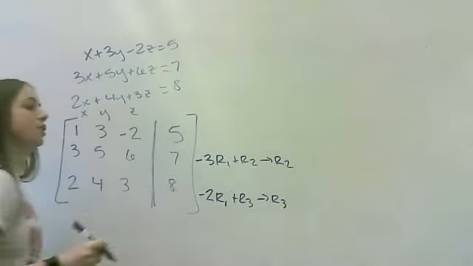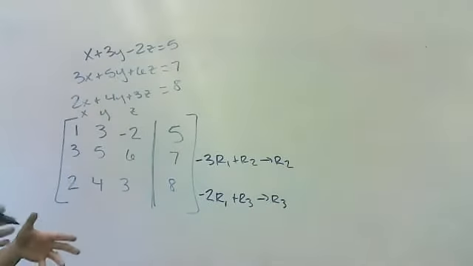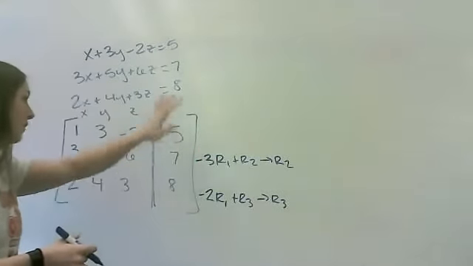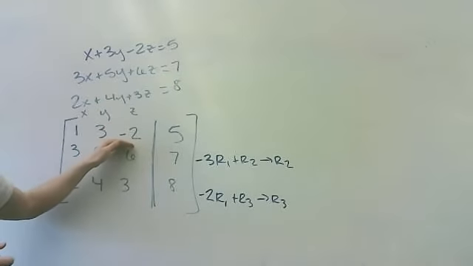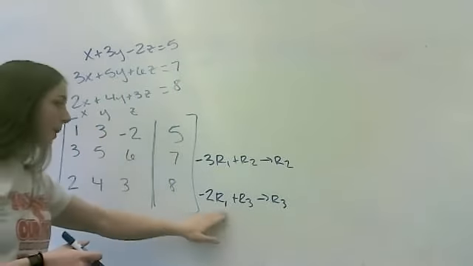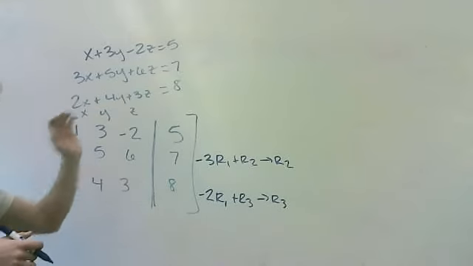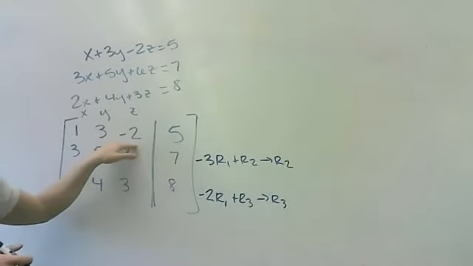Again, there are 2 separate things. The first thing I'm going to do is take this, multiply it by -3, add it, and get that new one. Then I revert back to my original row 1, multiply that by -2, add that to row 3, and again at the very end, I'll revert back to my original row 1.